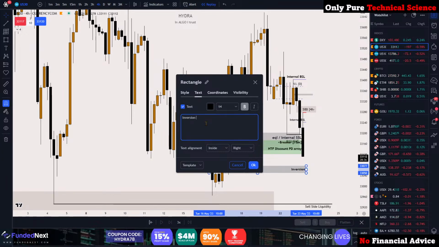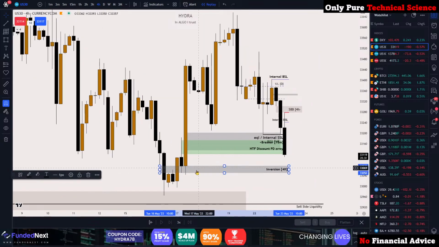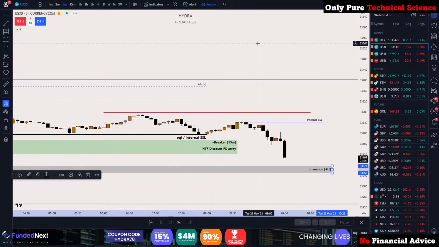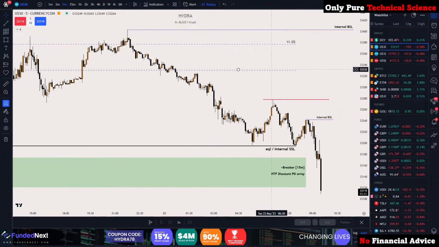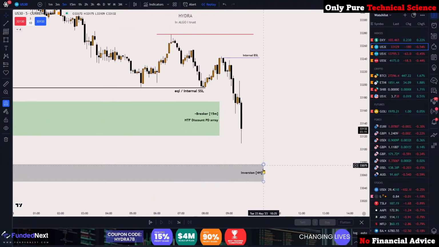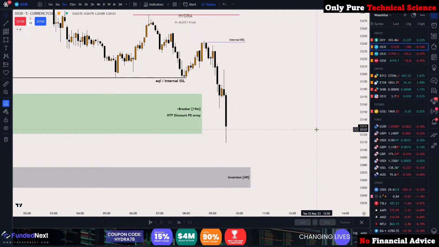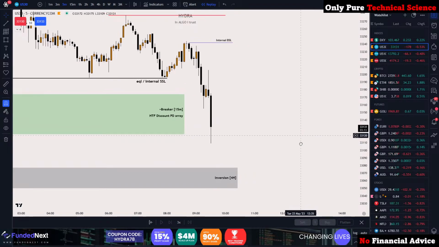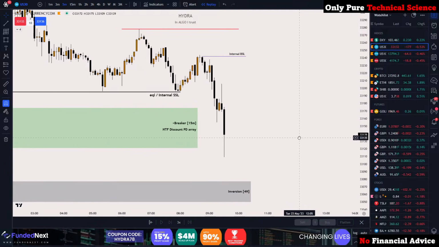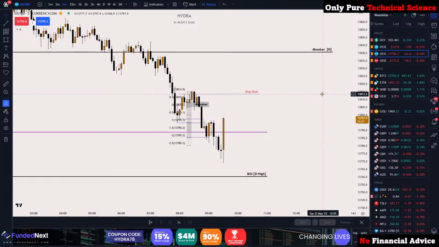So what I'm doing is I'm marking every possible price fractal for price to reverse. Every possible zone for price to reverse. So we'll just wait and see what price does.